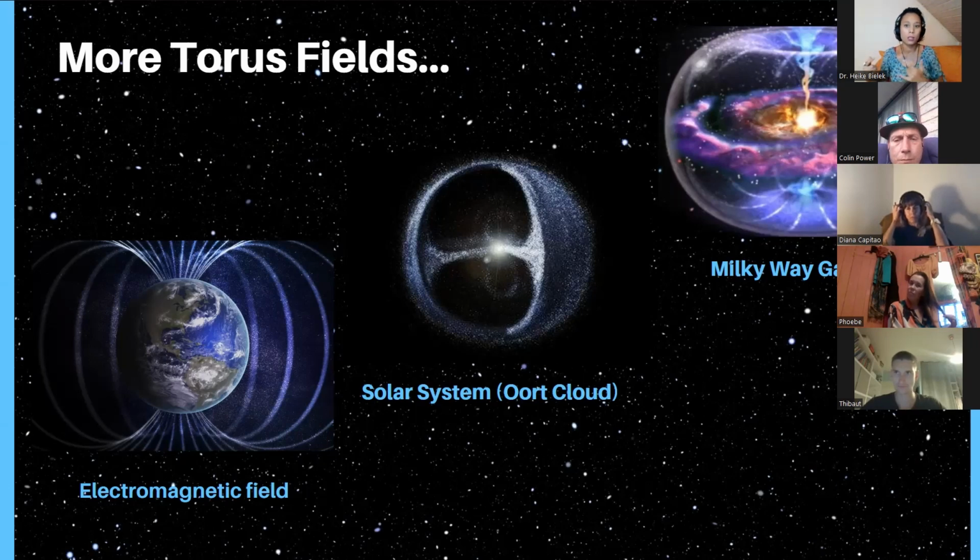And then going out one layer beyond that, the whole solar system is part of our Milky Way galaxy. The Milky Way is kind of like a flat pancake spiraling around the center, a black hole, a dot. And what has been confirmed is that there is energy spewing out from that center, indicating the energy field of a torus as well.